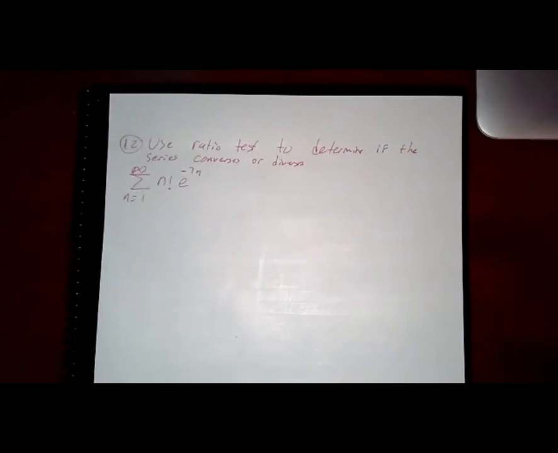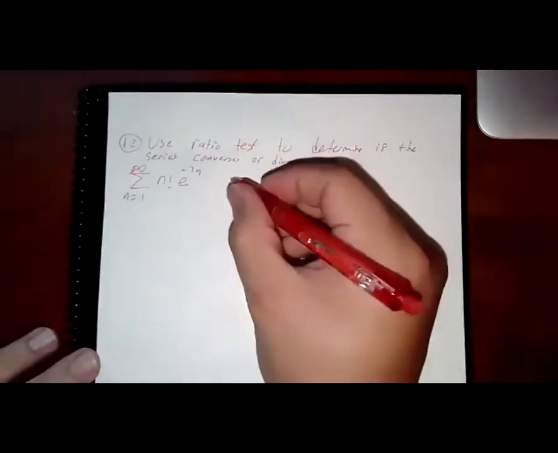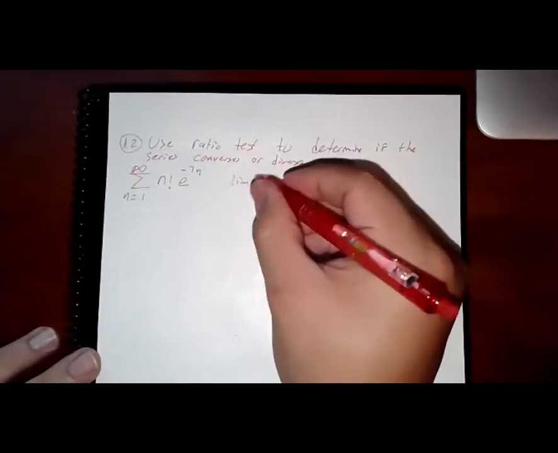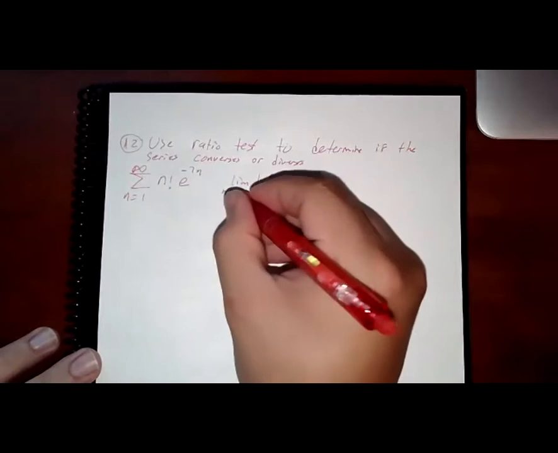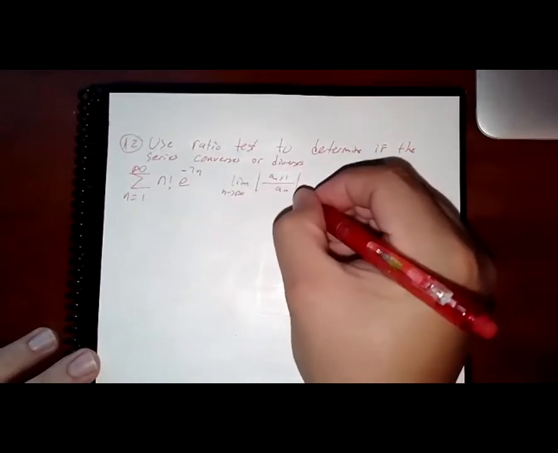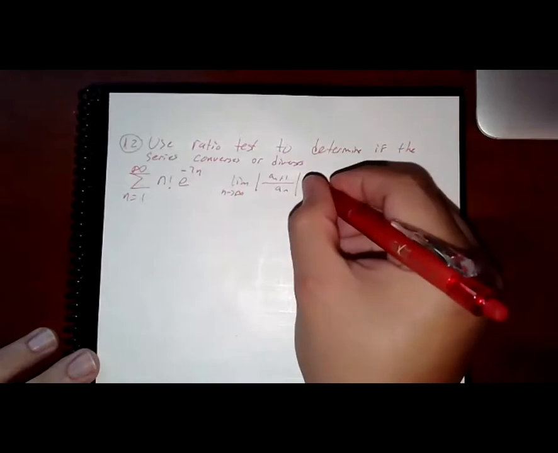So it says the limit as n approaches infinity of the absolute value of a_(n+1) over a_n, which equals L. Yeah, it's going to be a_(n+1) over a_n.